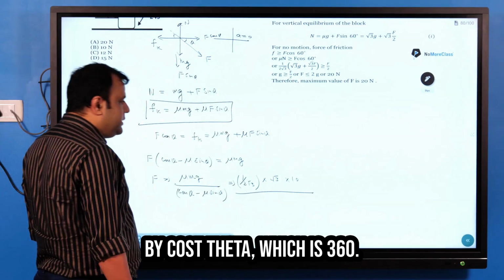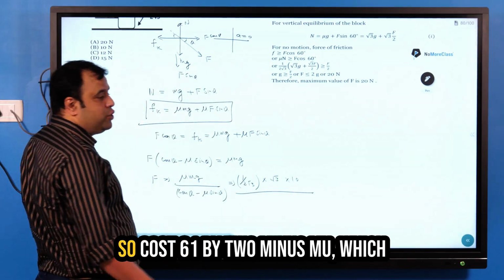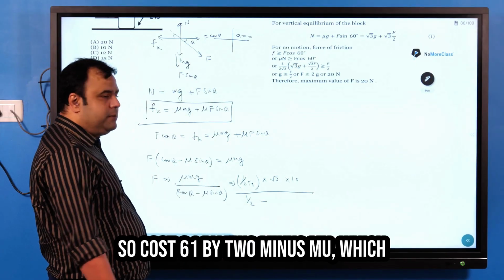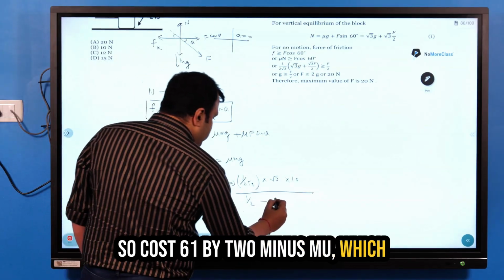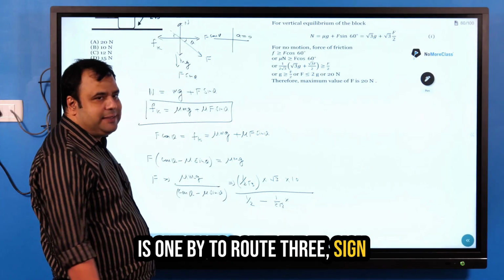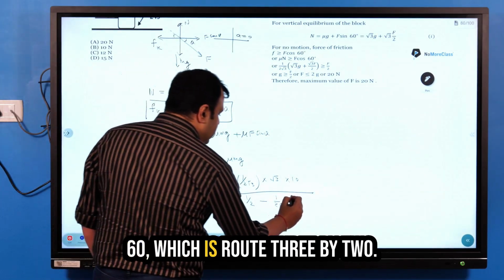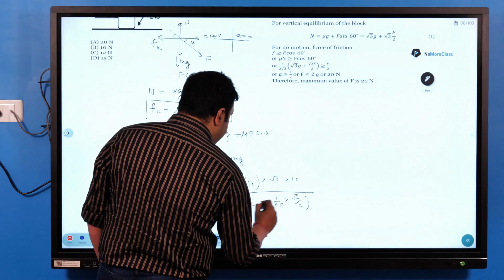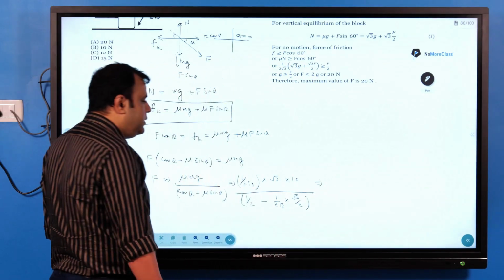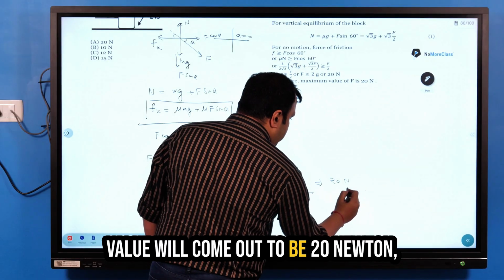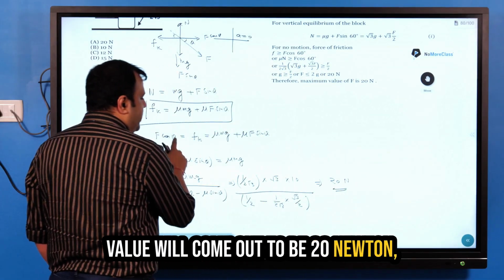Divided by cos theta, where theta is 60, so cos 60 is 1 by 2, minus mu, which is 1 by 2 root 3, times sin 60, which is root 3 by 2. When we finally solve it, the final value will come out to be 20 Newton.